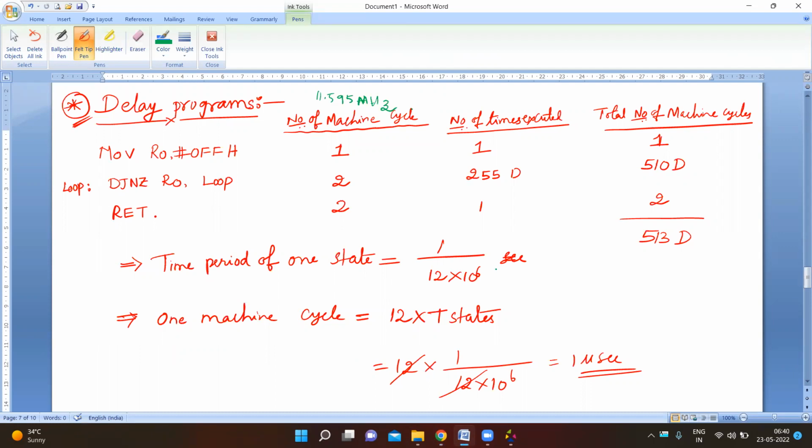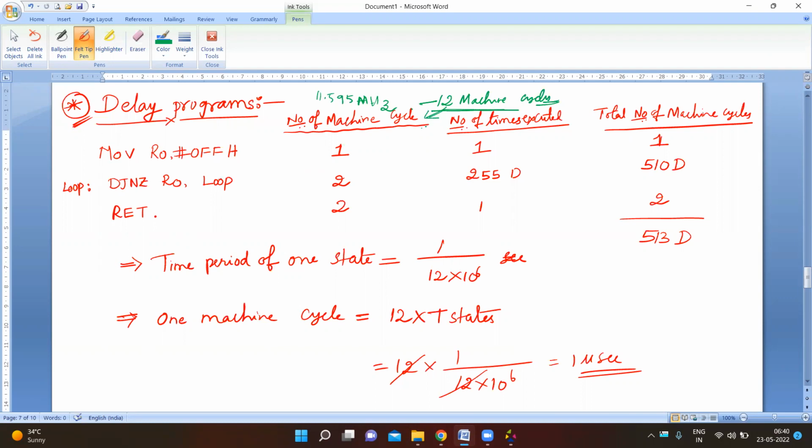To complete one instruction in 8051, 12 machine cycles are required. The time required for one machine cycle is 12 divided by the time period of one state. These 12 machine cycles are a group of T states.